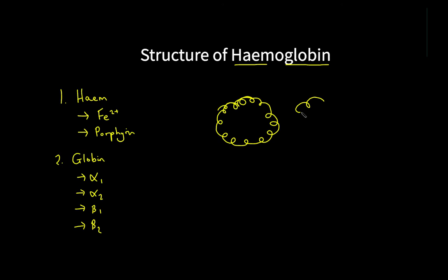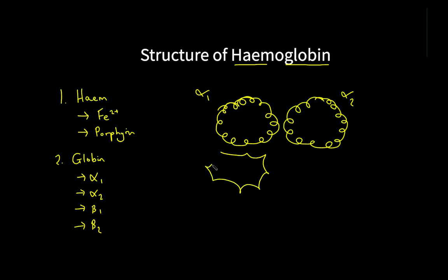So that's the first alpha chain, and you have the second alpha chain. And then you have 2 beta chains. So I'll draw that slightly differently with this spiky cloud-like structure. And that's the first beta chain, and that's the second beta chain.